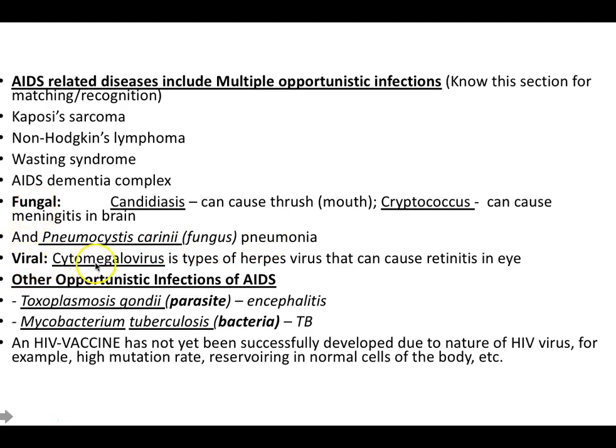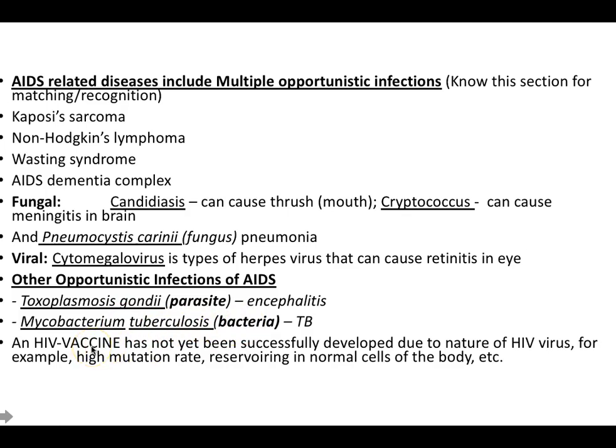Viral: cytomegalovirus is a type of herpes virus that can infect the cells of the retina and cause blindness. A parasite, Toxoplasma gondii, can cause encephalitis. And Mycobacterium tuberculosis is a bacteria that can cause TB.